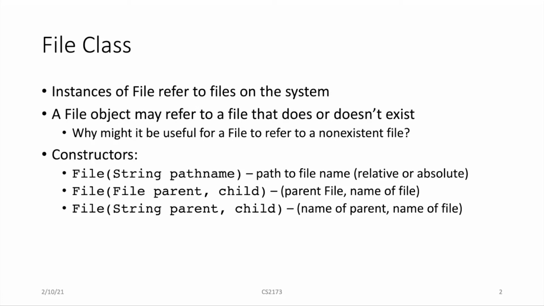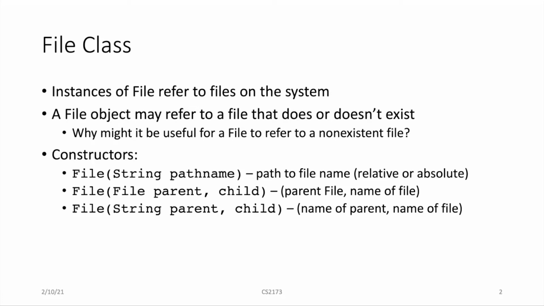Okay, coming back to File. An instance of a File refers to files on the system. We can instantiate a File object, and there are a few more constructors, but these are the main ones. It's important to understand that a File object may refer to a file that does or does not exist.